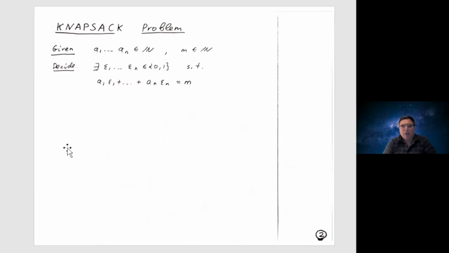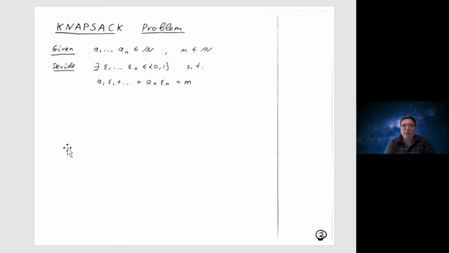Now I want to start with some background, a very general background, which I want to somehow connect to the story. So the first problem is about knapsack. Given integers a_1 up to a_n and an integer m, I want to know if there exists a subset of integers which adds up to m.